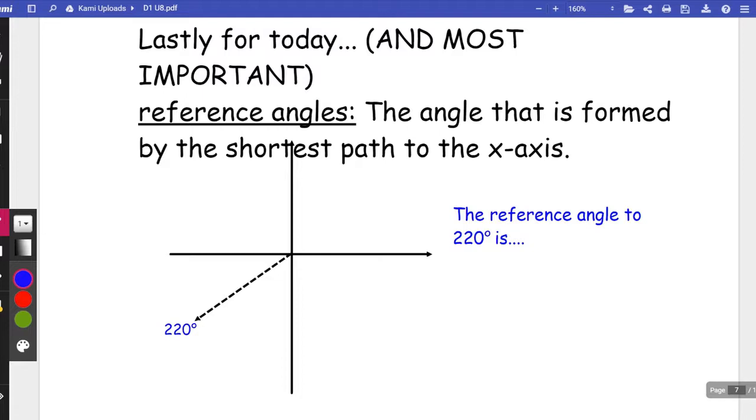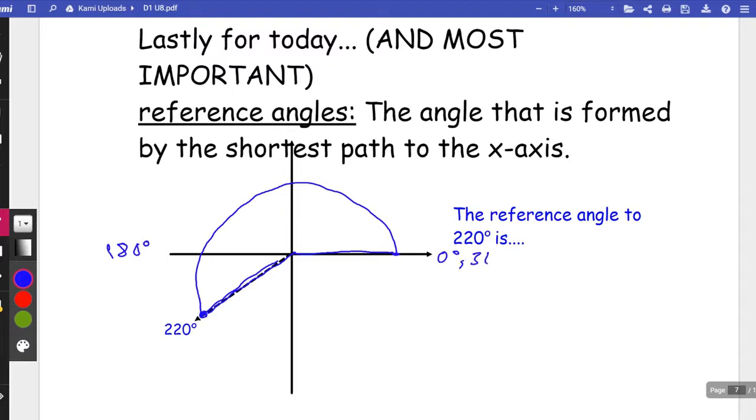So, in this case, we have an initial side here, and then it goes around, and we end up at 220. So we're saying if we had the degree measurement 220, the closest x-axis, the x-axis is the left or right one. This is 0 degrees over here. This is 180 degrees over here.